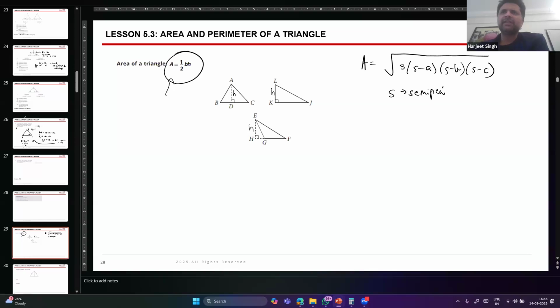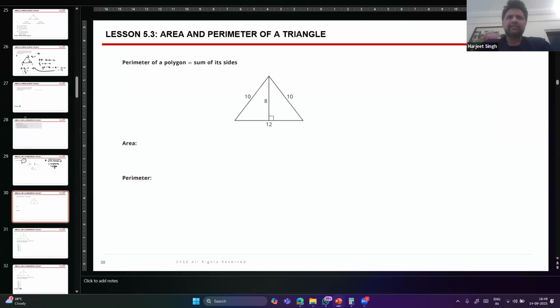And as the name suggests, semi-perimeter means A plus B plus C divided by 2, which is the perimeter divided by 2. So that's semi-perimeter. This is another version of the area of a triangle.